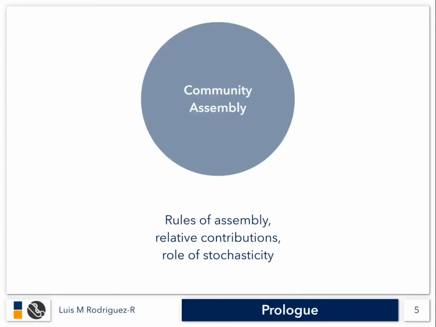It studies the relative contributions of the environment, the different organisms, migrations, and other factors in the community assembly, and also the role of stochasticity. How much of it is just driven by chance?